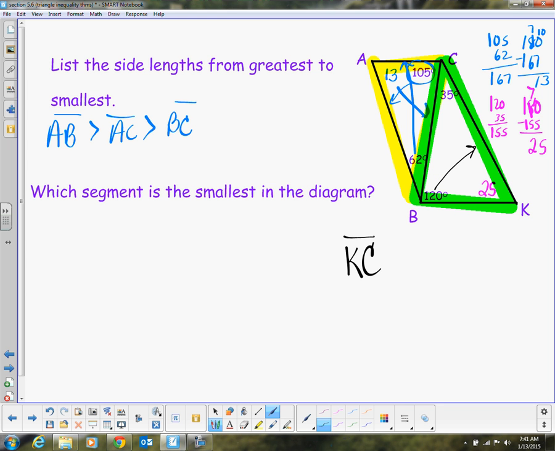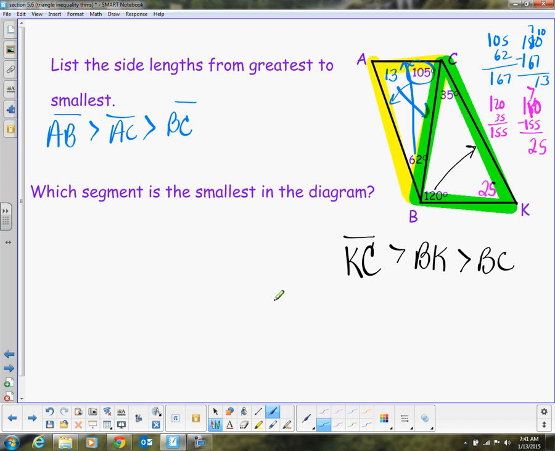Who's medium? BK. BK is medium. And then who's the smallest? BC. All right, I don't think I did a very good job.